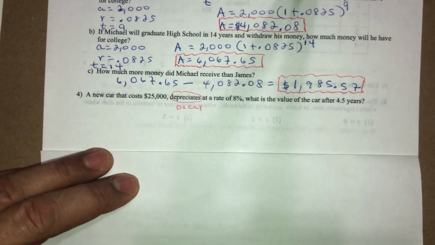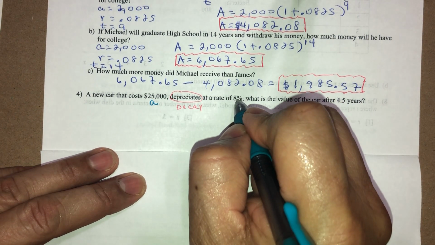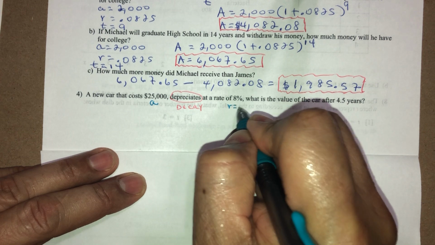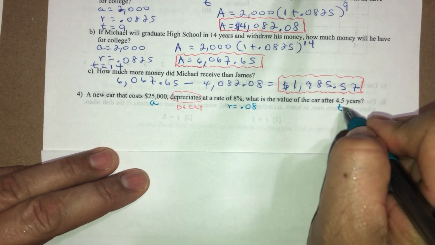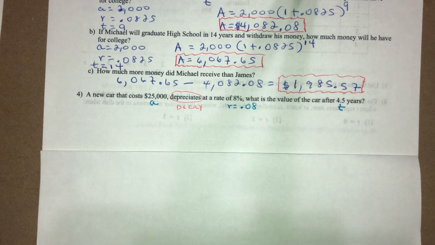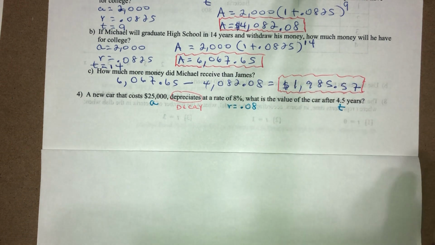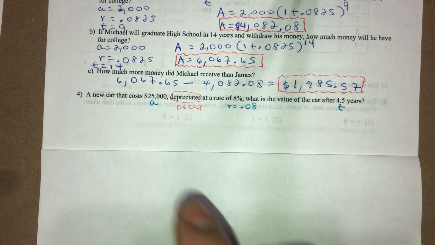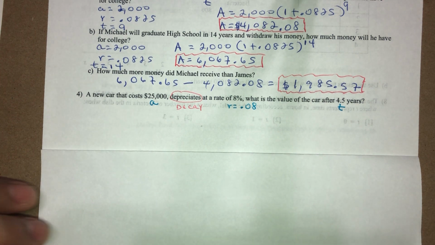So if you notice, here we have the initial cost, which is A. The rate is 8%, which equals 0.08 if you divide that by 100, and T here is 4.5 years. So you don't have to do what I did over here, like specify the value of each variable. You can just identify the variables in the problem and just plug into the equation.